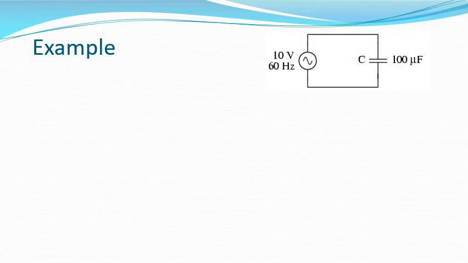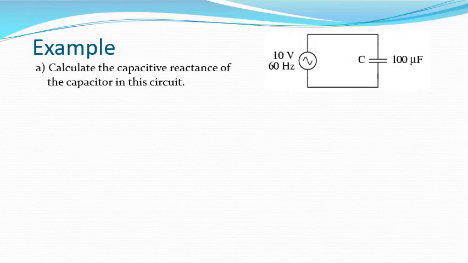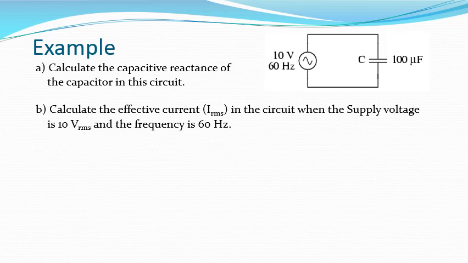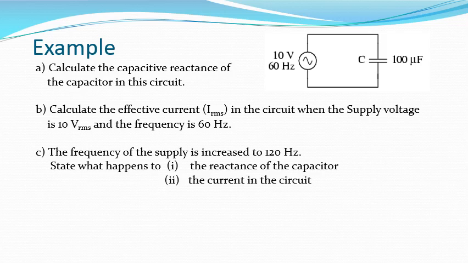Okay, second example here. Calculate the capacitive reactance of the capacitor in this circuit here. So we're given 10 volts RMS voltage, 60 Hertz, 100 microfarads. Then we're going to be asked to work out the current and state what happens when we increase the frequency. So if we double the frequency, what happens to the reactance and what happens to the current.